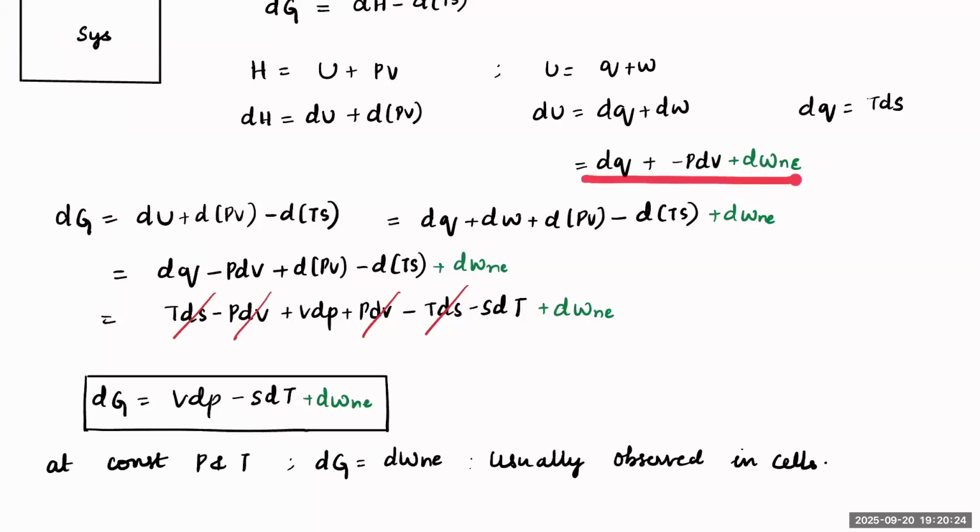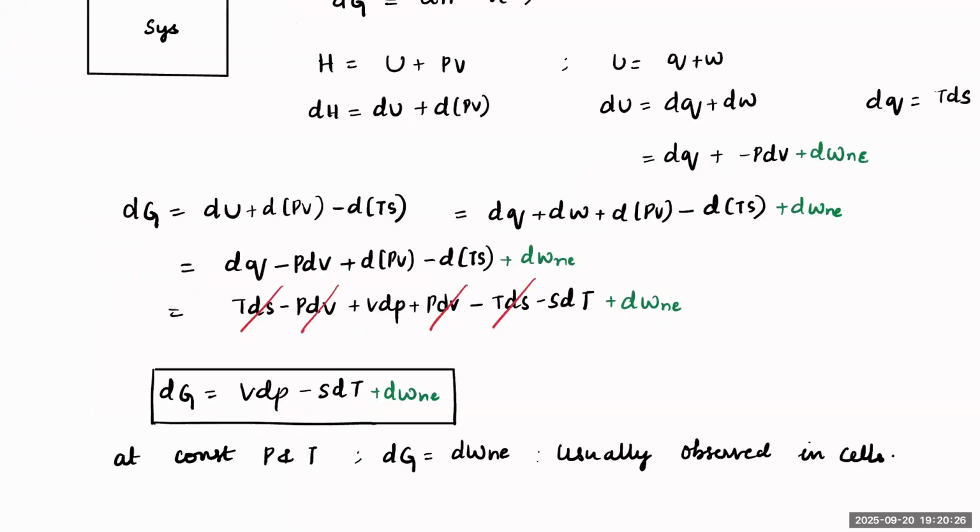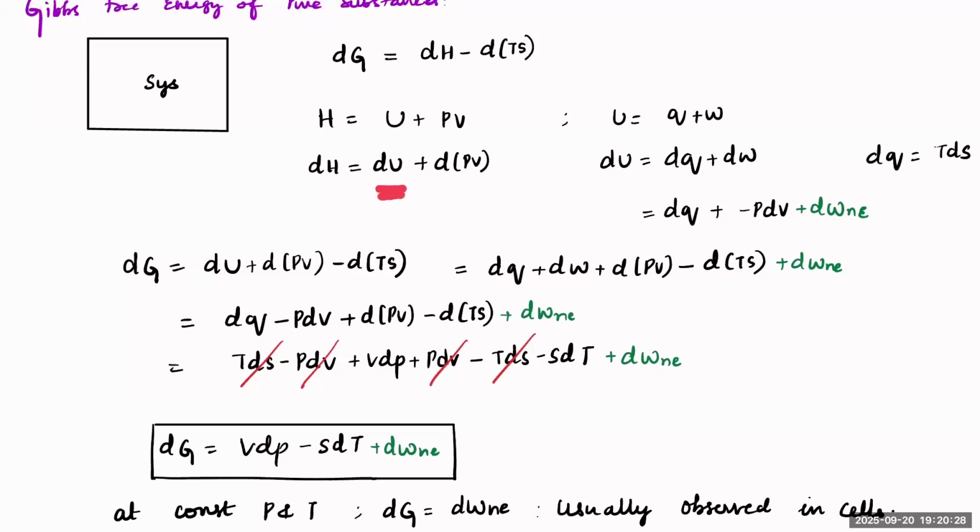Now let me substitute all of these points here. Instead of dU, I'm substituting dq minus pdV and the non-expansion work, which I have written here. And then d of pV can be written as pdV plus Vdp, correct?